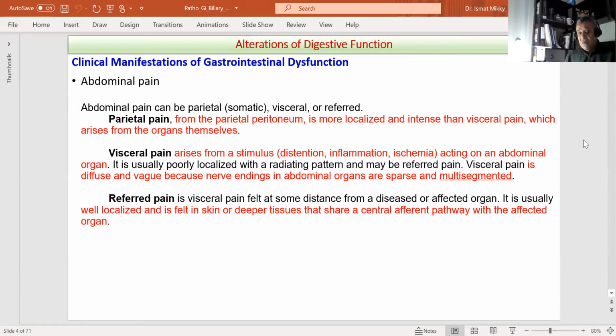In the acute inflammatory process of the gallbladder, the patient may experience pain referred to the right side of the scapula, which is the shoulder blade, the flat bone in the shoulder.